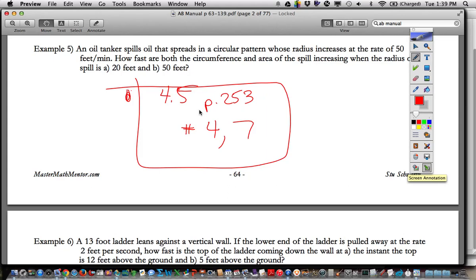So in section 4.5, we got a couple of problems with related rates, kind of like the one we just walked through. And I know I didn't give you a lot of time to think that through, but okay. So try those two, and then finish all of the circled problems in the business packet. All of the circled problems in the business packet.